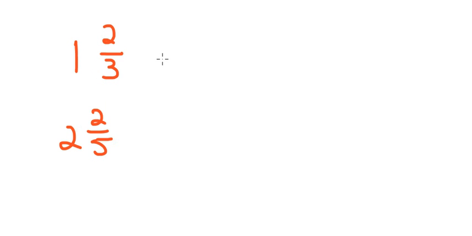What am I going to get? Absolutely not. It said to write 1 2/3 and 2 2/5 as improper fractions and then multiply them. Hang on. Mason, how do I make those improper fractions?